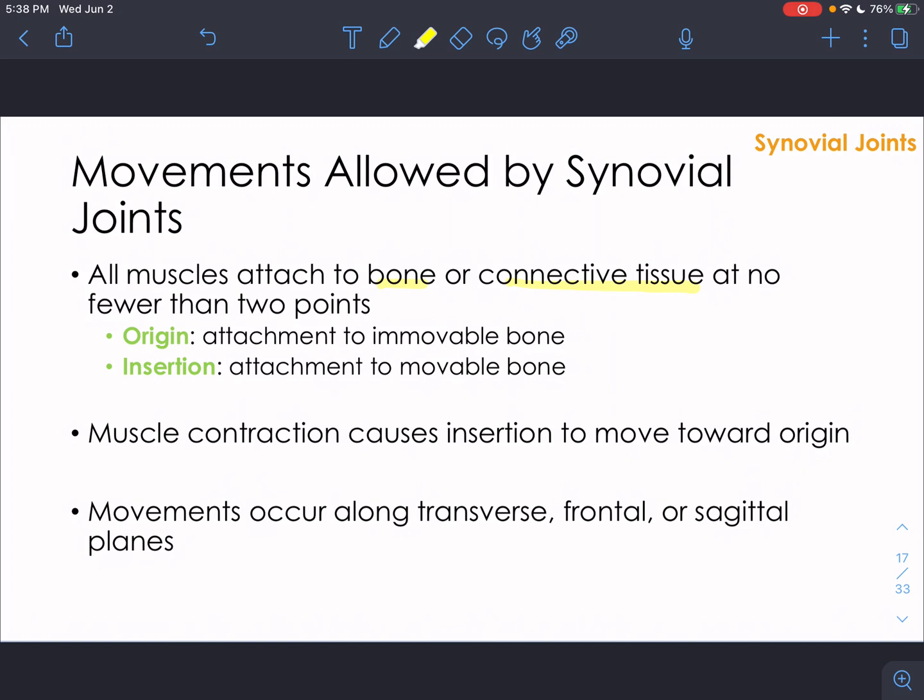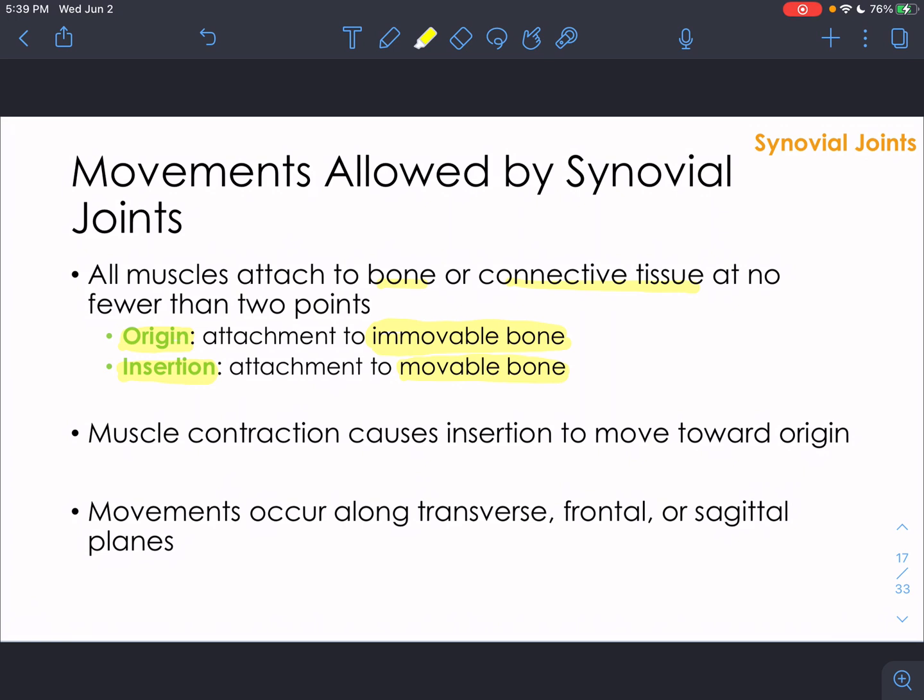But each muscle, you're going to have an origin and an insertion. And in lab, when you have to memorize the muscles, you're also going to have to know their origin and insertion points. Origins are always going to be attachments to immovable bones. So origins are never going to move. Insertions are attachments to movable bones.